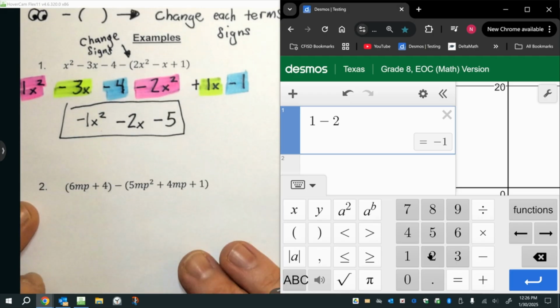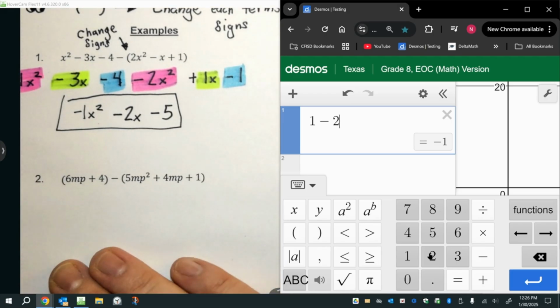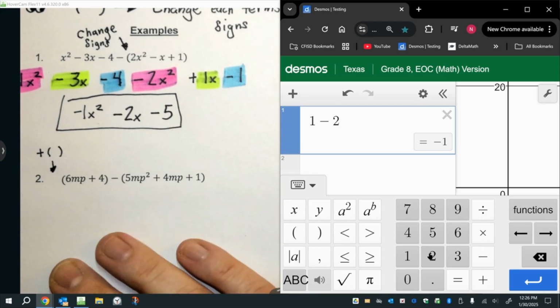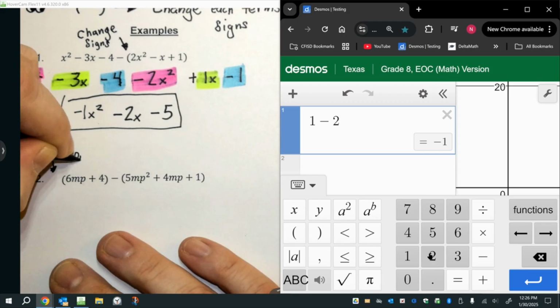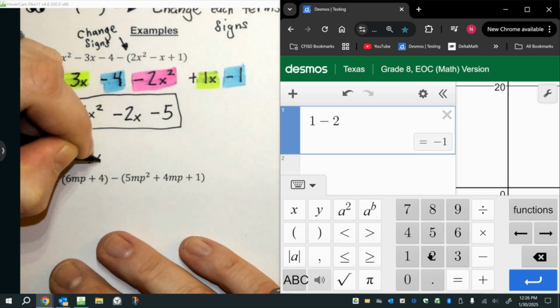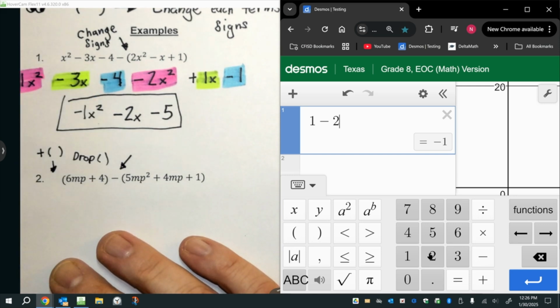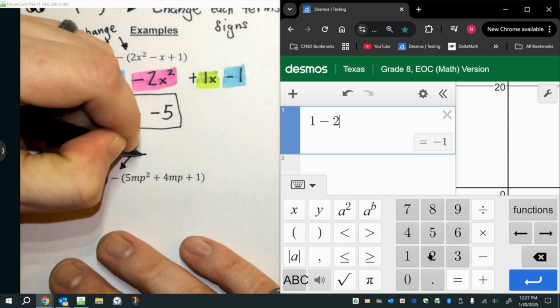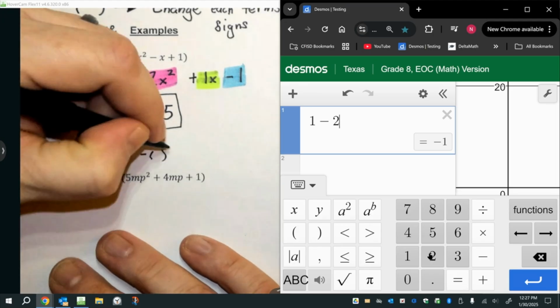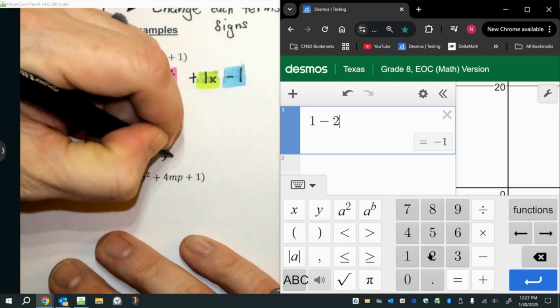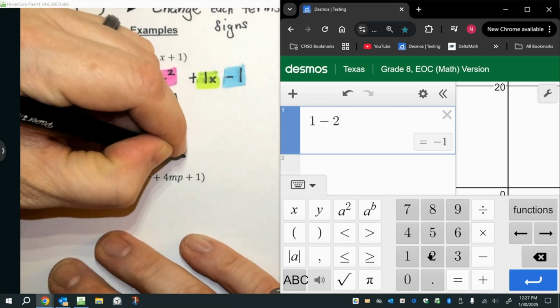All right, my next problem. This right here is a plus with parentheses, so we can drop the parentheses. This right here is a minus parenthesis, so that means here we're going to drop and here we're going to change signs.